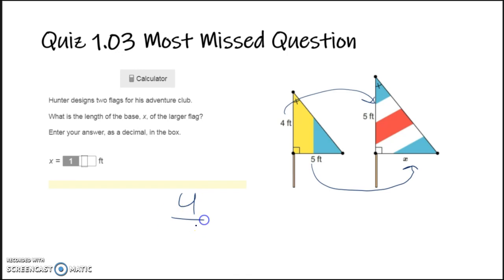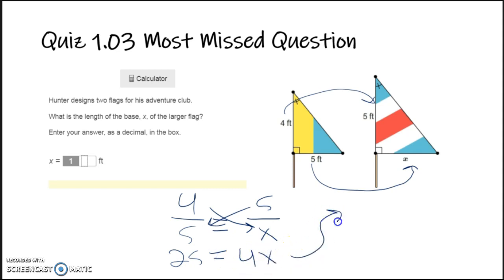So we'll set this up. 4 over 5 equals 5 over x. Simply going to cross multiply again. And we end up with 25 equals 4x. We divide both sides by 4. And we get x equals, so grab your calculator if you don't have it already, 6.25 should be your answer there.